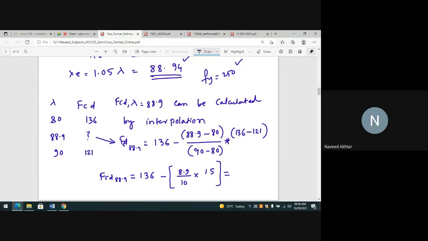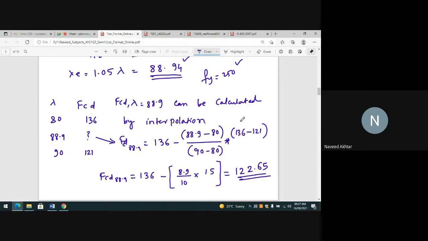So solving, 8.9 into 15 divided by 10, it is 136 minus 13.35, which is coming 122.65.